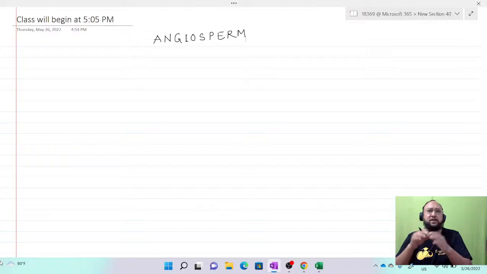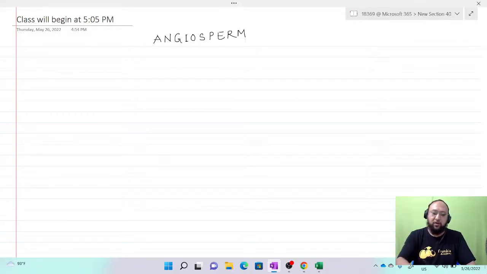In pteridophytes, roots, stems, and leaves evolved, and some vascular tissue was also found. After pteridophytes, gymnosperms produce seeds, but the seeds are naked; they are not found within the fruit, so they are called naked seeded plants. And angiosperms are well-developed plants with seeds within the fruit. These are vascular plants like gymnosperm.